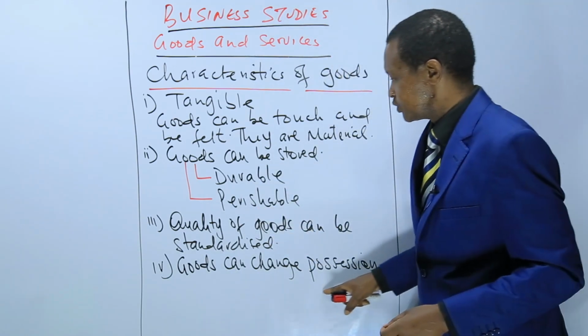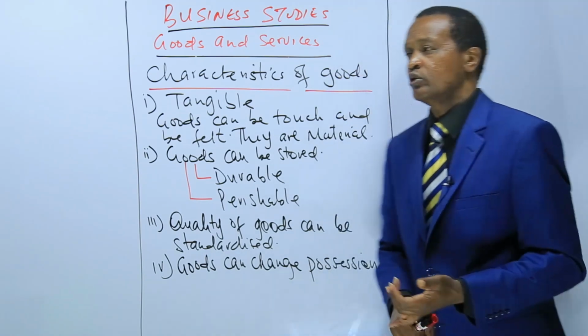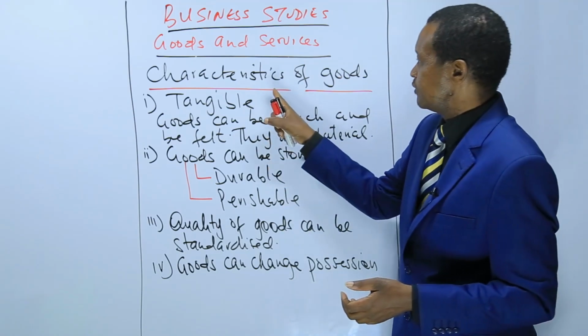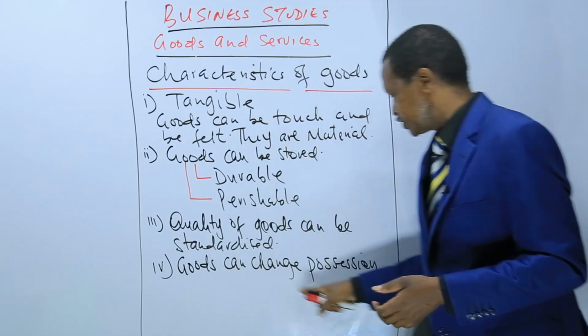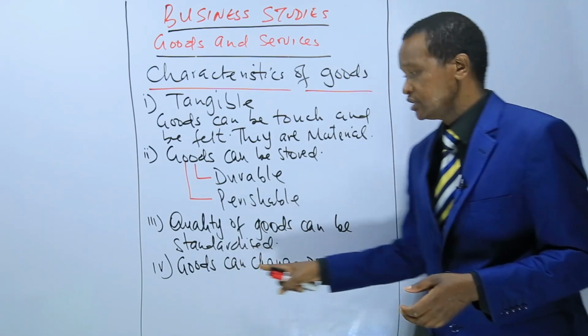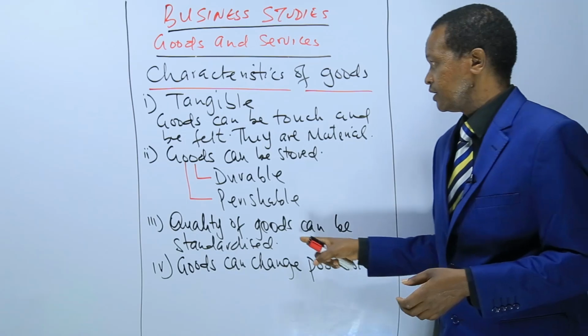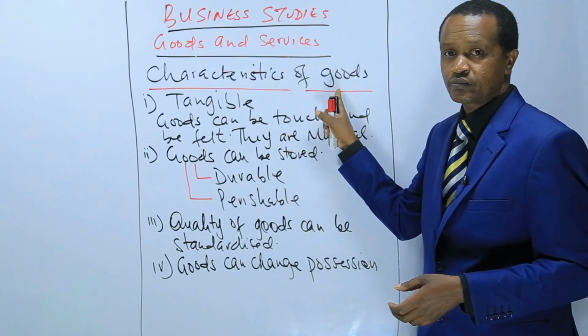So ownership and possession can only change when you have paid the price or through donation. So an important characteristic of goods is that the goods can change possession, but you cannot change possession of services. That is a characteristic only unique to goods.